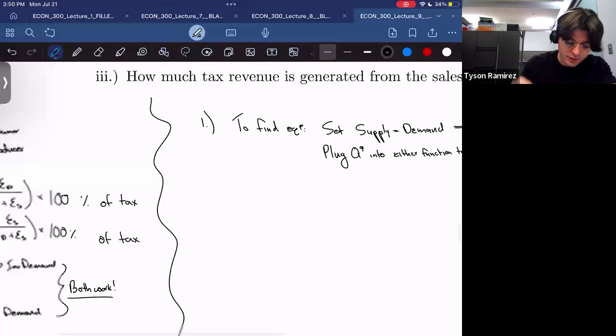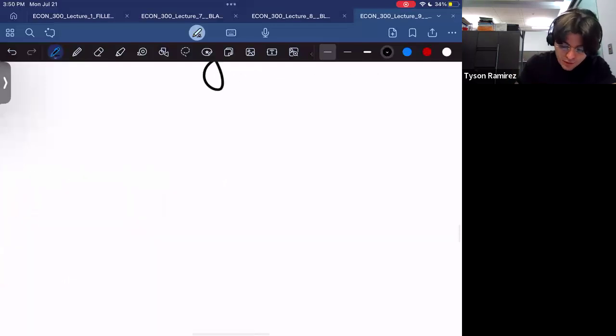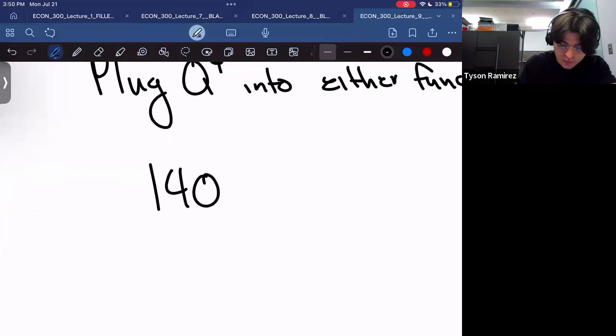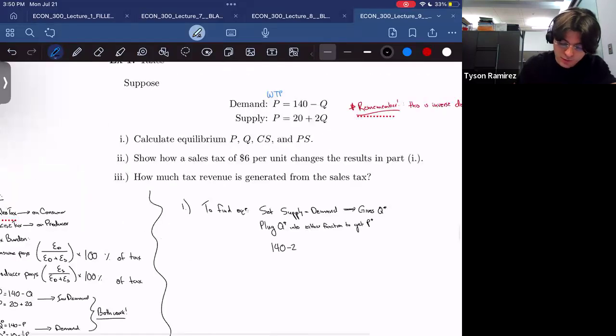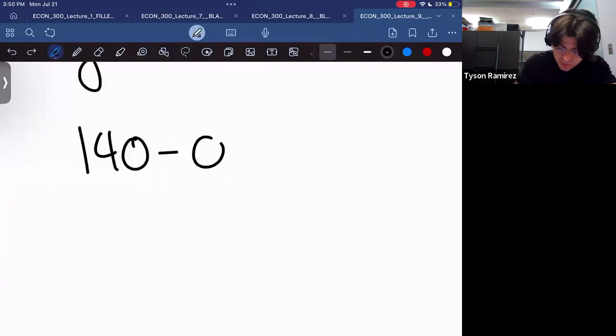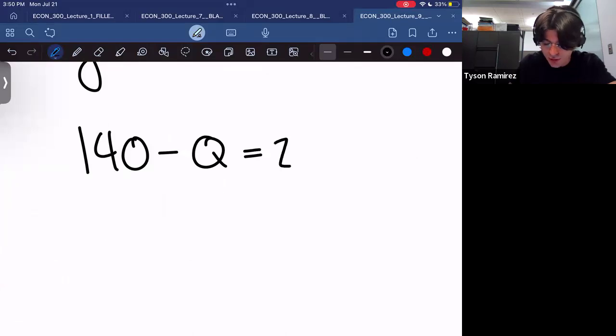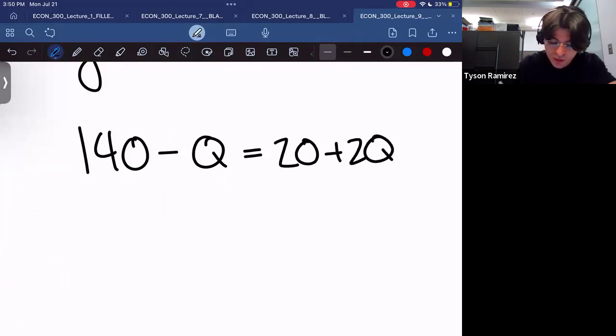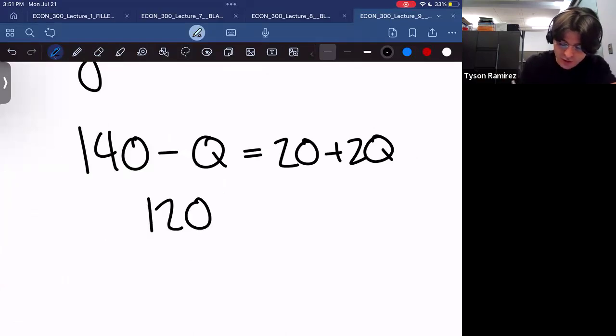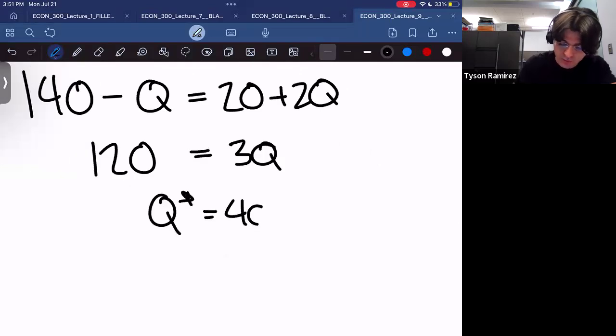So if we have 140 minus Q for the demand side, all right, 140 minus Q. So demand equal to supply. We have 140 minus Q should equal 20 plus 2Q. Then we just want to get everything with Q on one side, everything not Q on the other. You guys know how to solve algebra problems. We get 120 on this side, 3Q on this side, and then we know that Q star is going to be equal to 40.